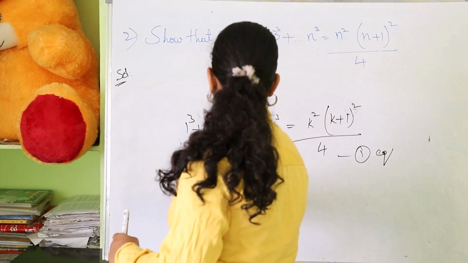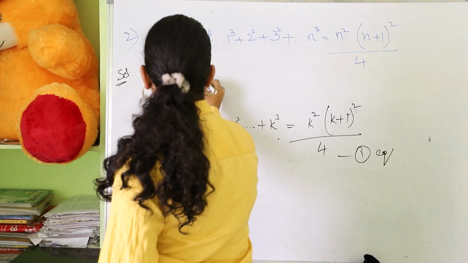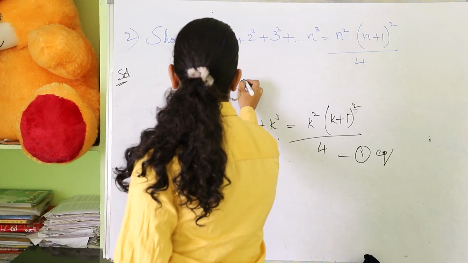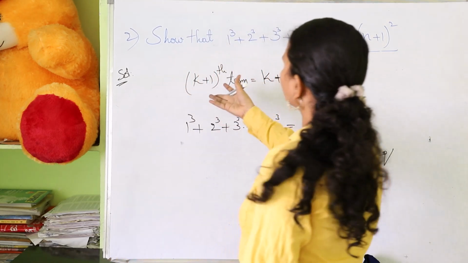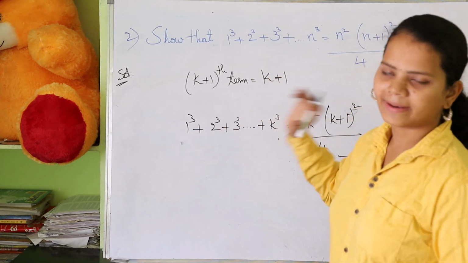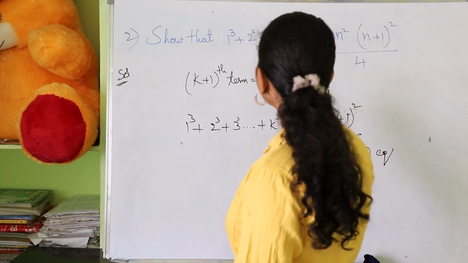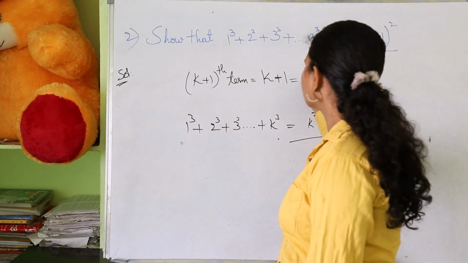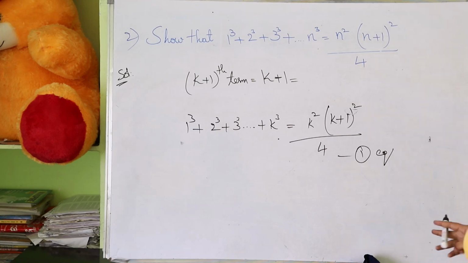As here we don't have any term, you just write the k plus 1th term is equal to k plus 1. Here, instead of n value, substitute this k plus 1.